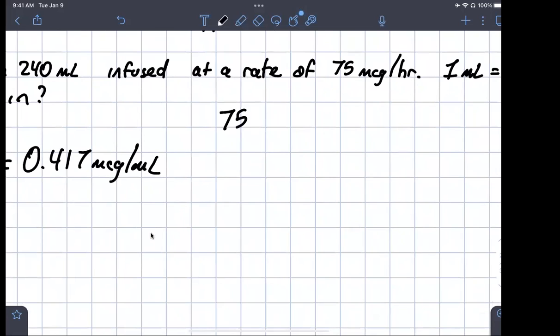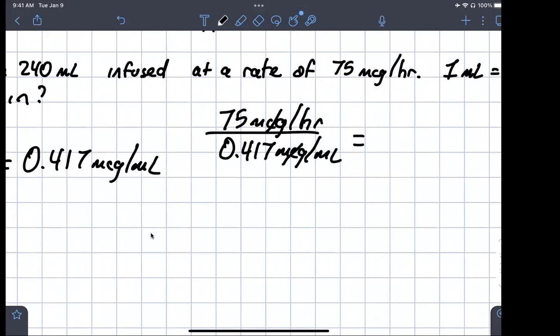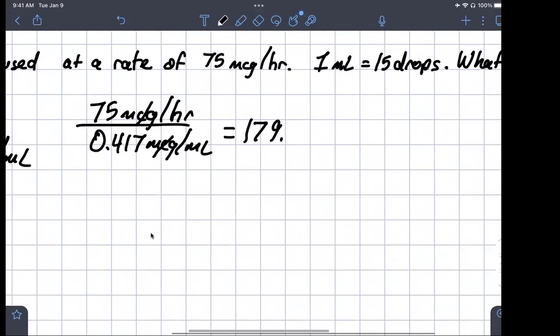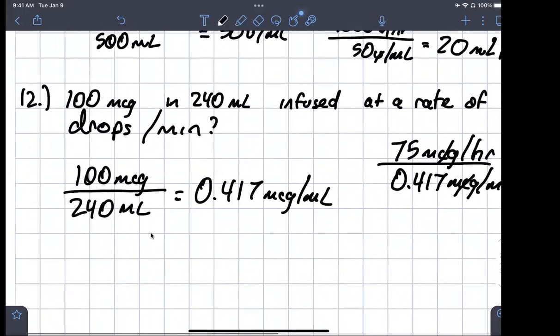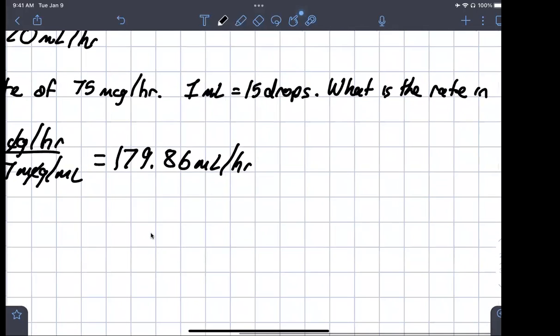And so if we have 75 mics per hour, and I can provide 0.417 per mil, this cancels, so we get 179.86 mil per hour. And it says 1 mil is 15 drops. So I will just do that times 15. 15 drops per mil.